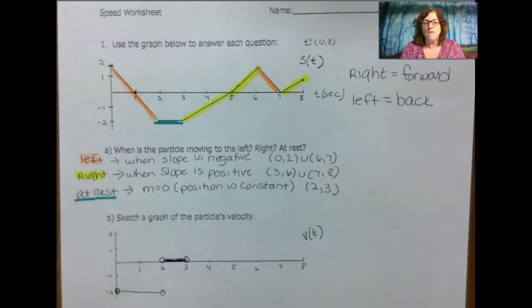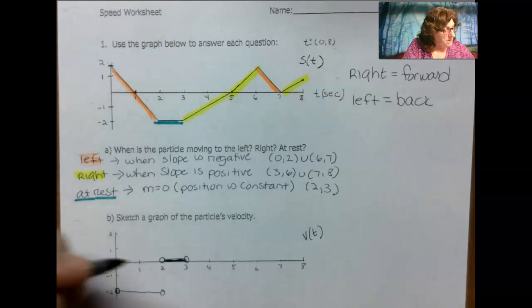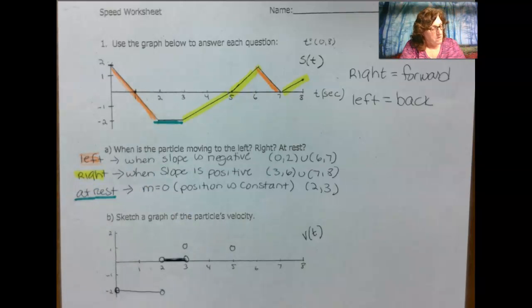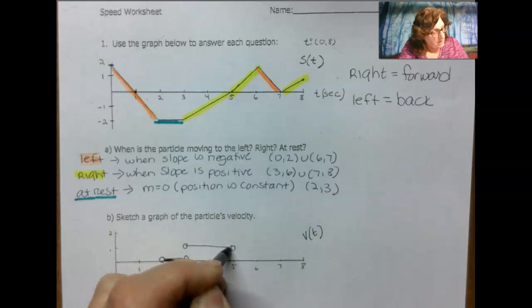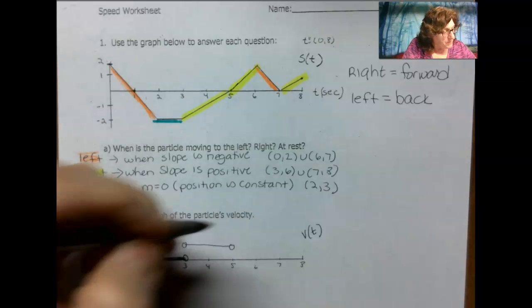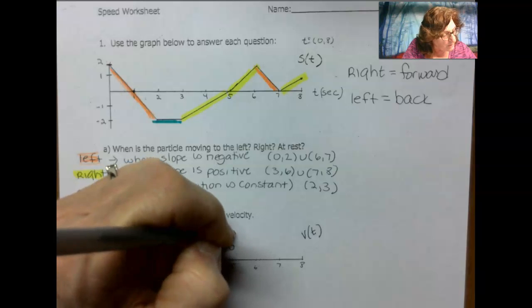So figure out what's the slope from 3 to 5. And hopefully you figured out that the slope is +1. So I'm going to graph from 3 to 5, +1. And then from 5 to 6, the slope is 2. So again, open intervals.